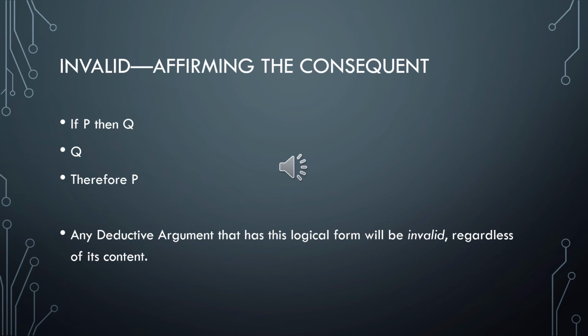It is possible to have an argument of this form with true premises and a false conclusion, so it is not a truth-preserving form. It doesn't guarantee 100% of the time a true conclusion from true premises. And the previous example about Napoleon demonstrates that. We had an argument of this form with true premises, but the conclusion was false, so it's not a truth-preserving form.